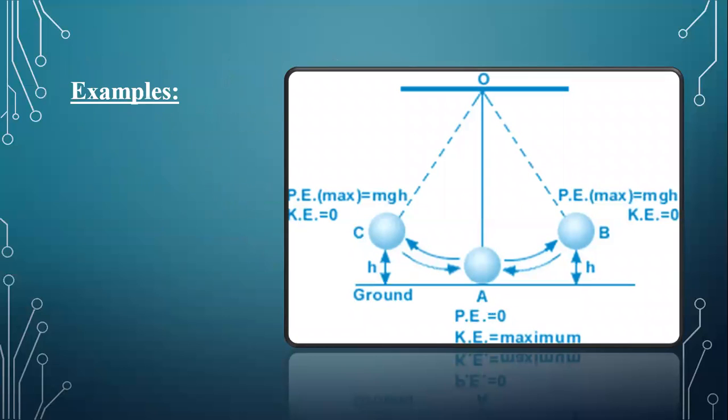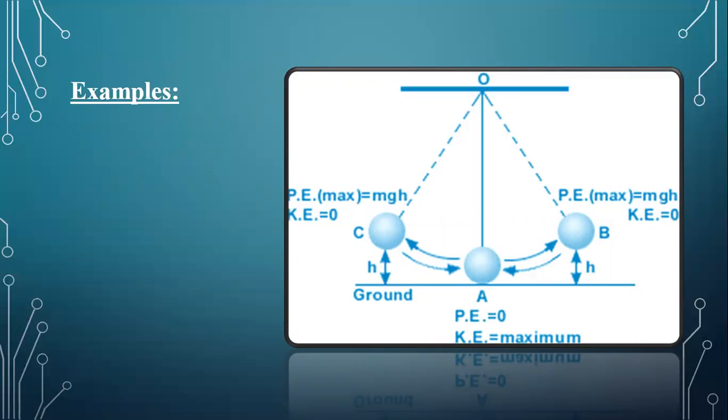Example number one: let we have an oscillating simple pendulum. During its oscillation, its total energy remains constant, but energy changes from one form to another while moving from mean to extreme position or extreme to mean position.